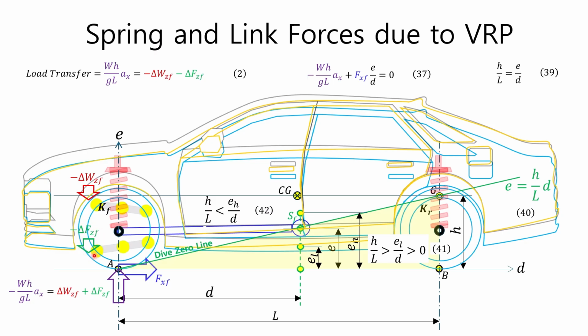Since the total vertical dynamic load of the vehicle is constant, the absolute value of the spring force, delta WZF, decreases. In the yellow area, the spring force, delta WZF, and the force, delta FZF, on the suspension links, act in the same direction. Next, let's examine the pitch geometry in the area above the green straight line.